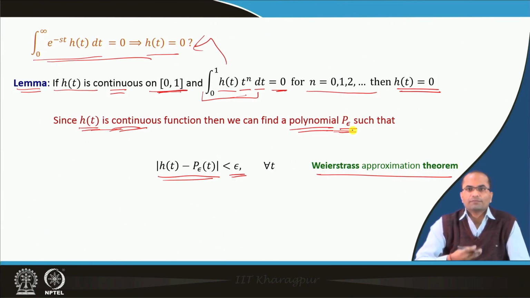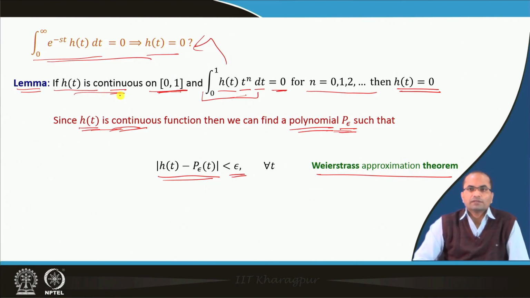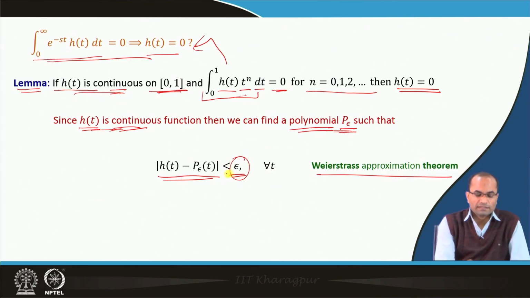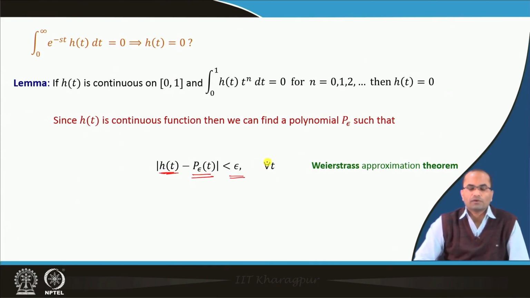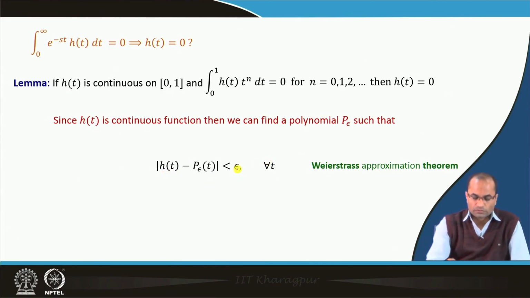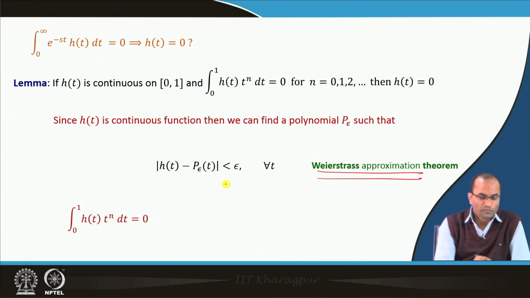So, we can basically approximate a given continuous function by a polynomial, and the accuracy we can set is epsilon. For any epsilon we can find a polynomial p epsilon whose difference from this function is less than epsilon. So, this is the so called Weierstrass approximation theorem, and using this we will move further.